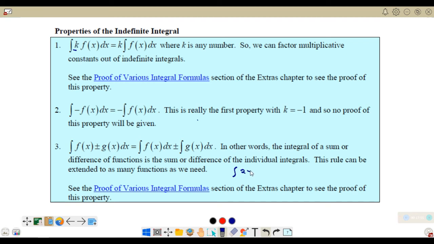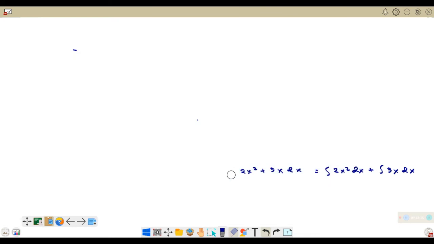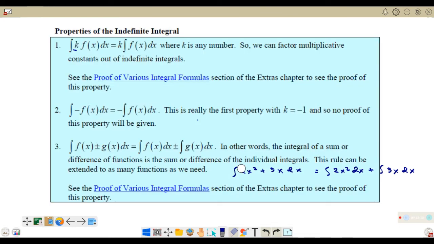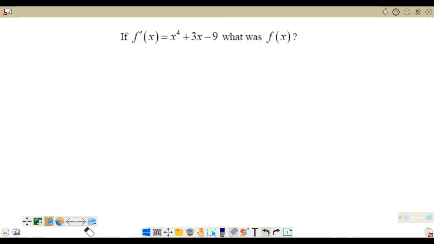For example, 2x squared plus 3x dx. Pwede mo siyang isulat as the integral of 2x squared dx. So, nakabukod na yung first term. Tapos, i-integrate mo rin yung second term, 3x dx. Okay? I hope that was clear. Let's move forward to the next one.